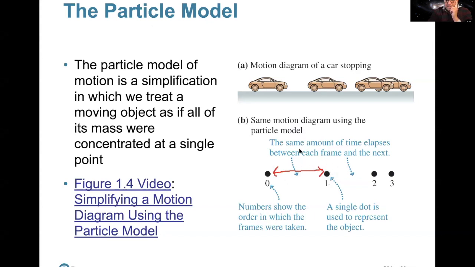The main thing is that the same amount of time elapses between each frame and the next, but a single dot is used to represent the object. The number shows the order in which the frames were taken. So I kind of made my own motion diagram, but as the car is slowing down, these dots get closer together.